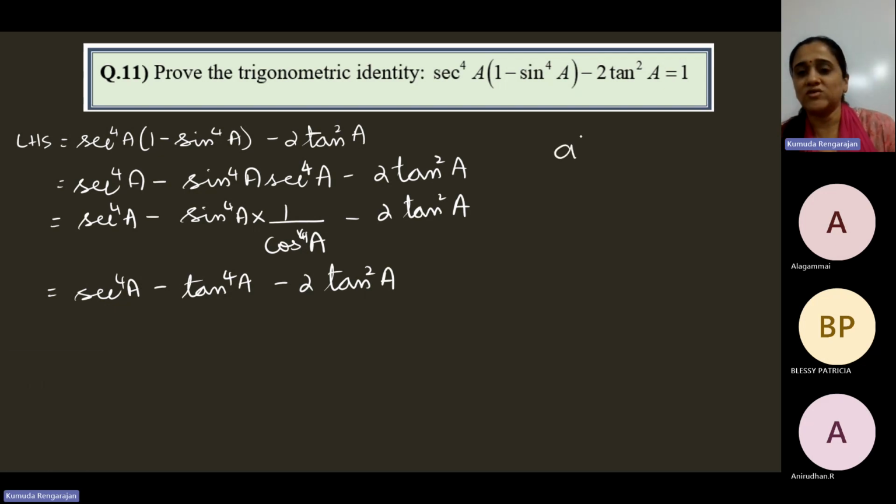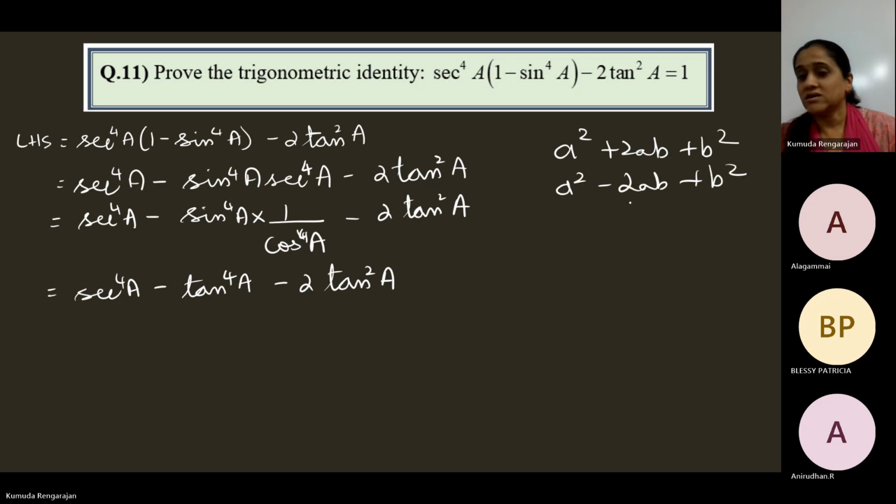Because it should be a square plus 2ab plus b square, so all positive, or a square minus 2ab plus b square. So the a square, b square terms are positive. The 2ab term can be positive or negative, but a square and b square terms are positive.